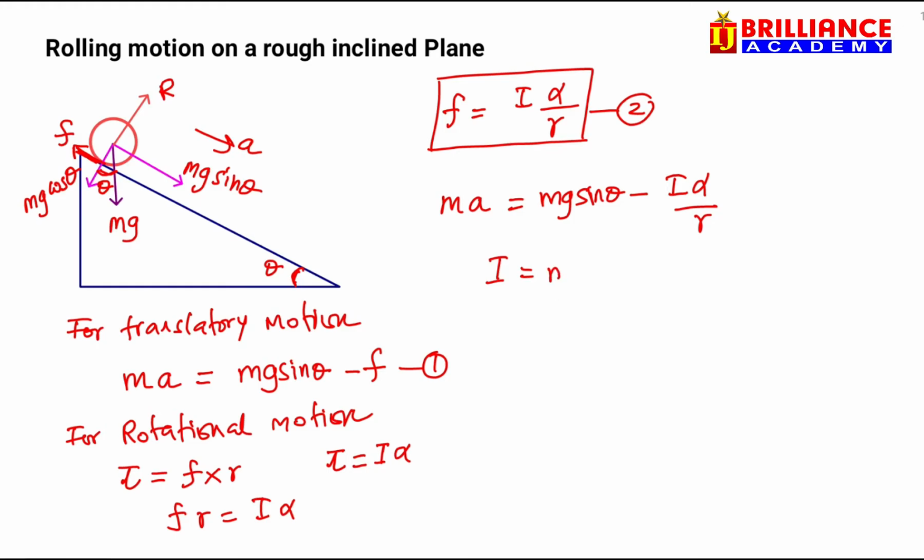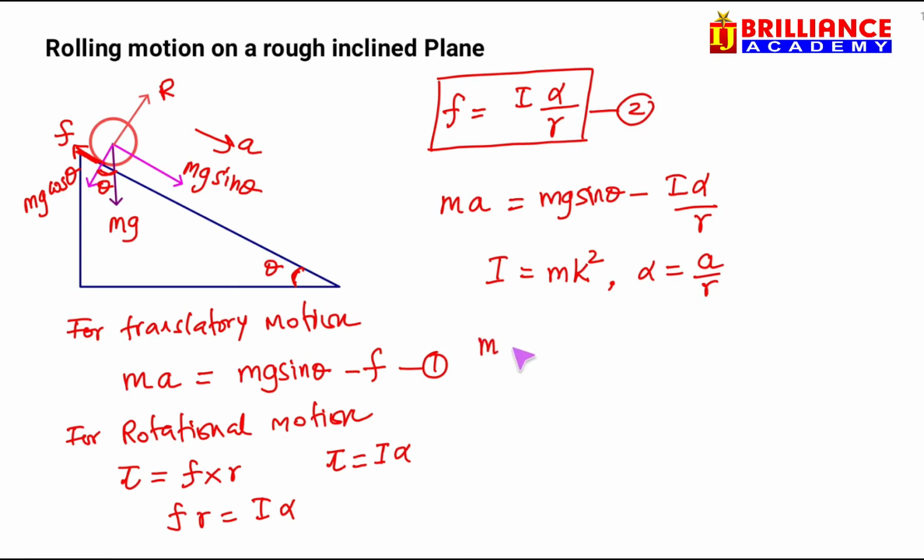So for the moment of inertia in the general expression, I can write mk squared, using the radius of gyration formula. Instead of alpha, a is equal to r alpha, that is linear acceleration is equal to r into angular acceleration, so alpha I can write a by r. These two substitutions I can make in the above equation.